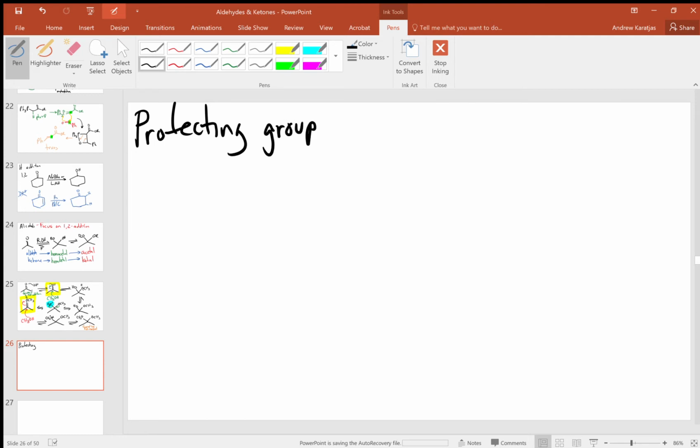So protecting groups are groups that basically hide a functional group so that you can do something else in the course of a synthesis. If you think about some of the examples we talked about previously with synthesis, a lot of organic synthesis, we have multiple functional groups, very complicated molecules. And sometimes you need to hide them.